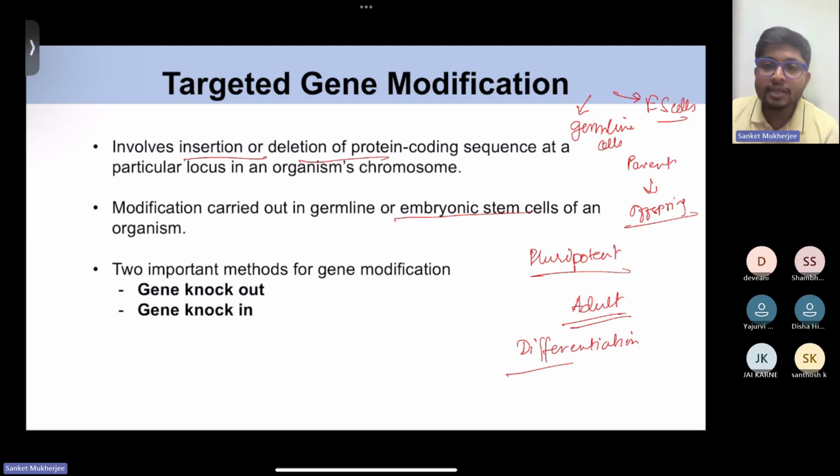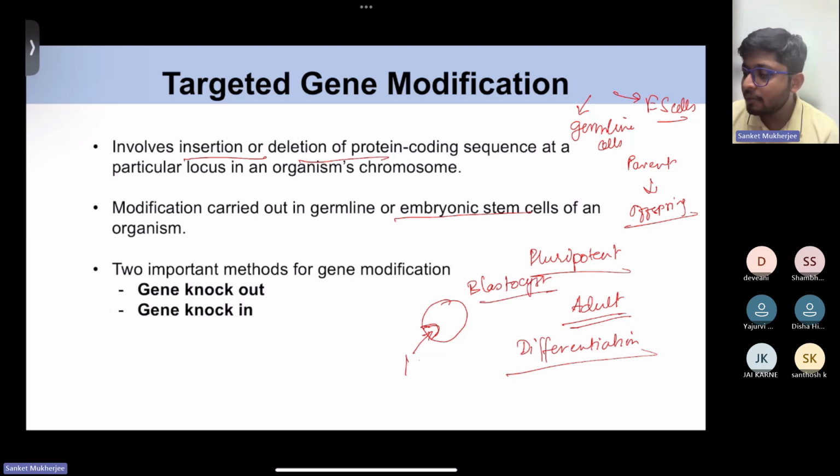So an embryonic stem cell is usually found in the blastocyst stage, in the inner cell mass of a blastocyst. So if this is the blastocyst, which forms from the zygote, the inner cell mass has the embryonic stem cells. And we take these cells and we replace these cells with the modified cells. This is another very important strategy for gene modifications.